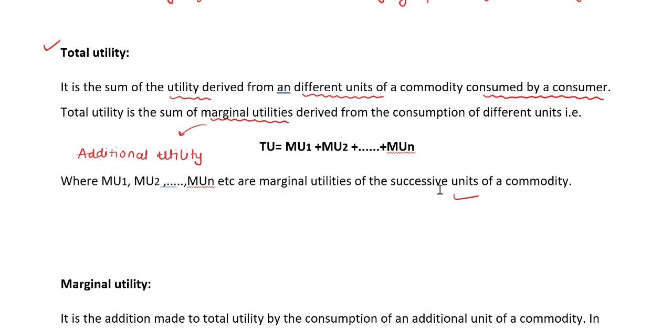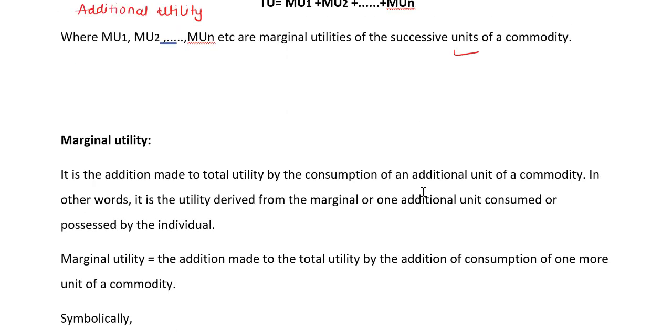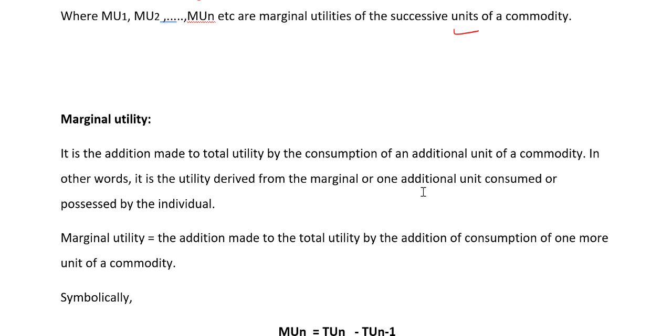So let's see the meaning of marginal utility now. As I just told you, marginal utility means additional utility. It is the addition made in the total utility by consumption of an additional unit, one extra additional unit of a product or a commodity.